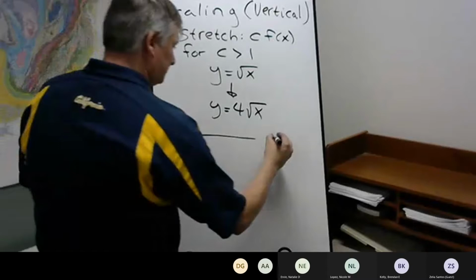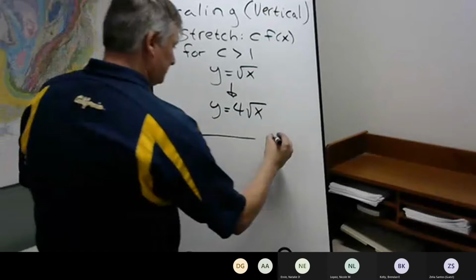Take the square root of each of these x values, you get your y value. So this is your y equals square root of x.